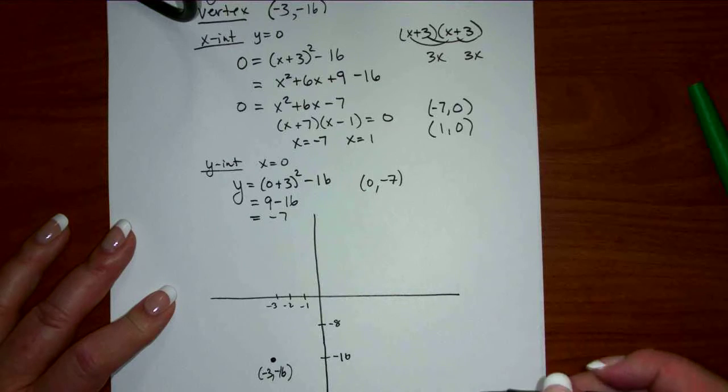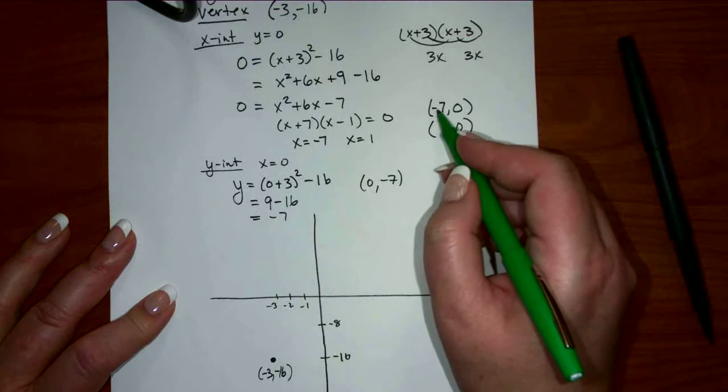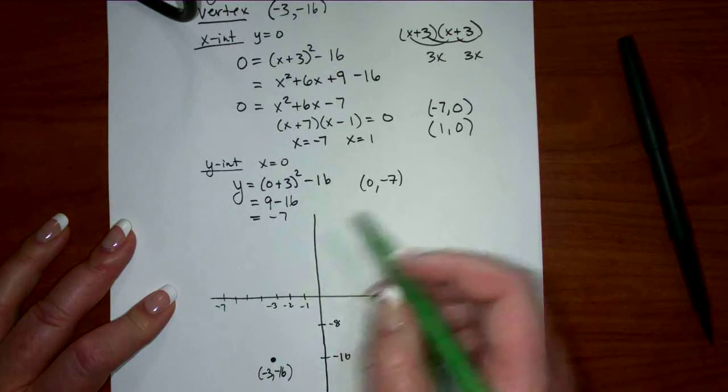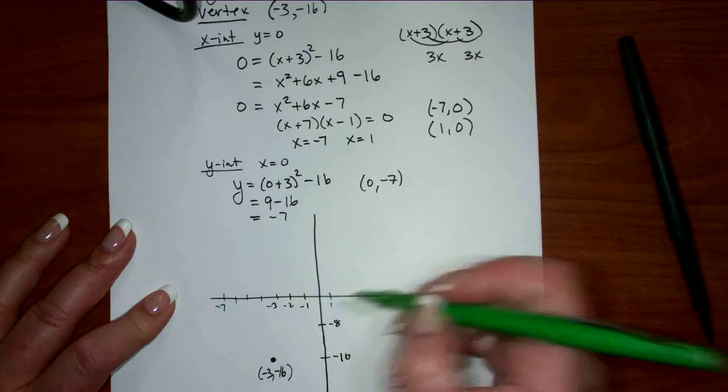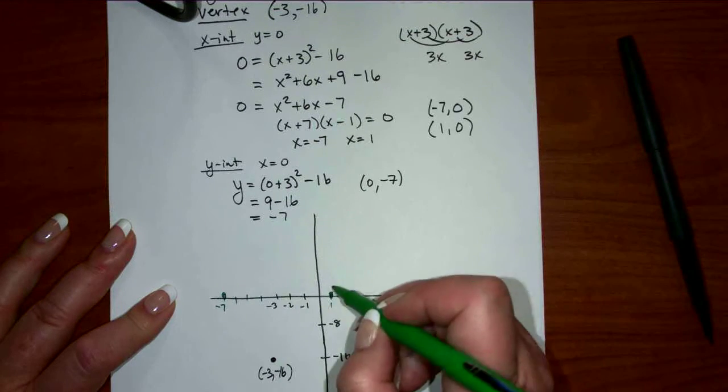And I shouldn't have drawn those points on here because this is the one I find hard to get in the right place. Where do these two cross? At negative 7, 4, 5, 6, 7, and positive 1. So they're going to cross here and here. And this one goes through here.